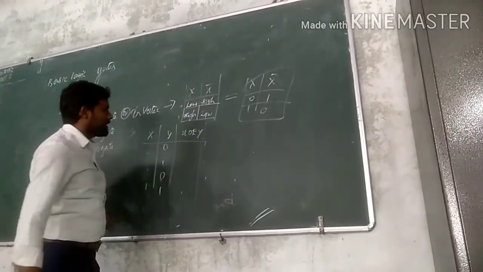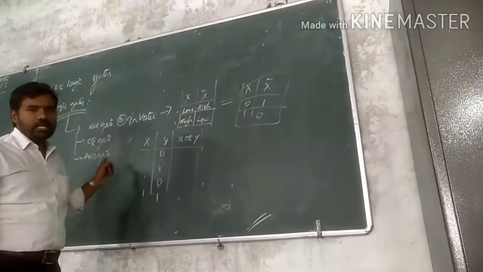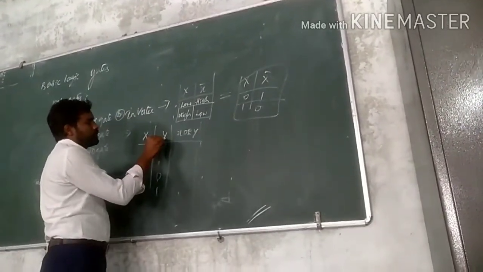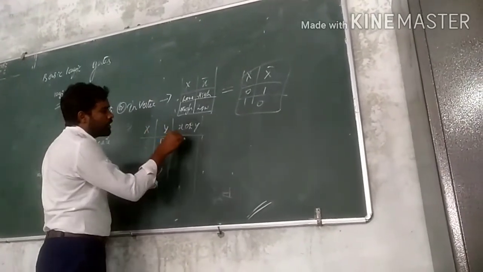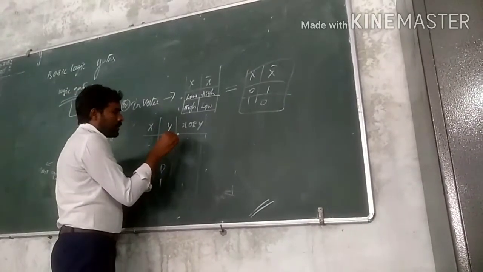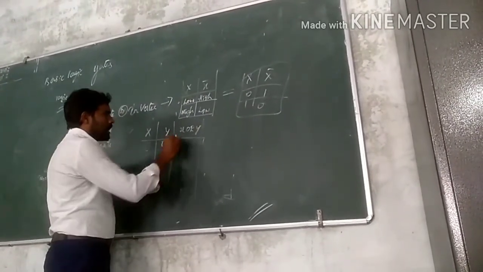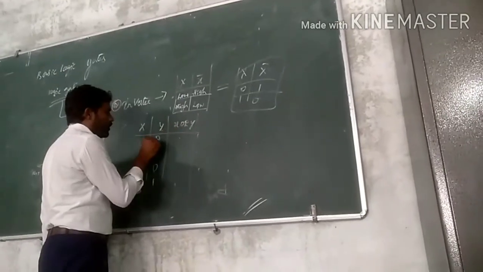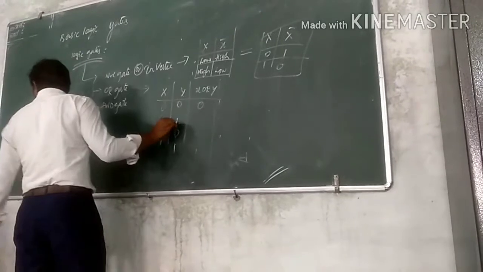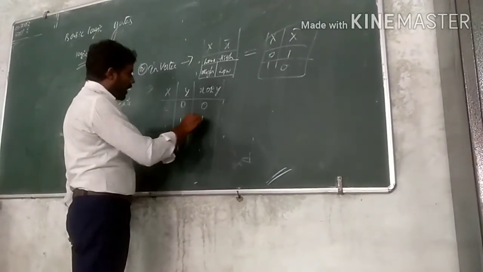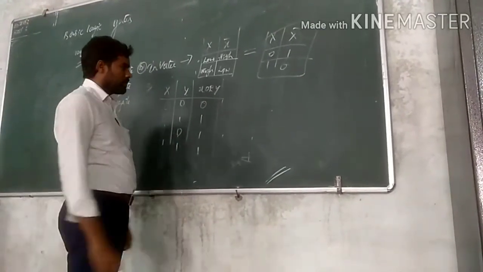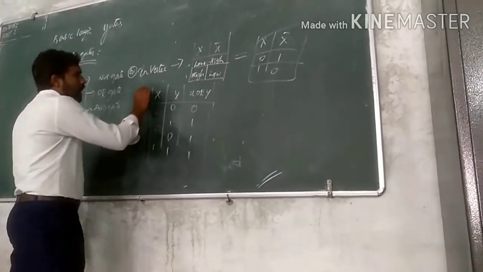So what exactly it is saying is that the OR gate is an electronic circuit which takes two variables as input and produces only one output, in the form of the logical addition operator, x or y. 0 plus 0 is 0, 0 plus 1 is 1, 1 plus 0 is 1, 1 plus 1 is 1. Clear? This is the OR gate truth table.